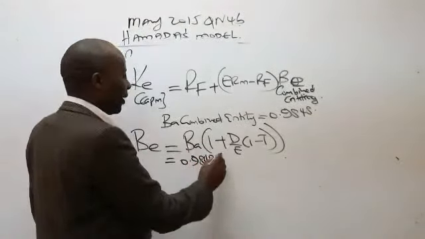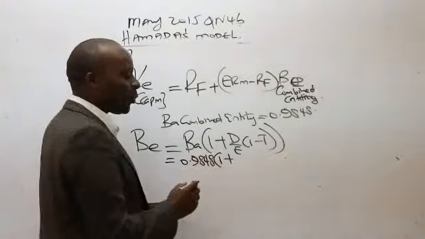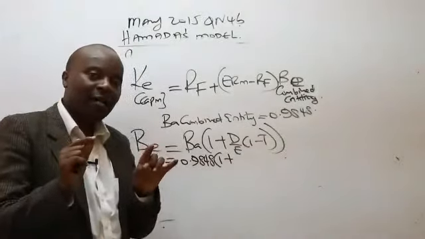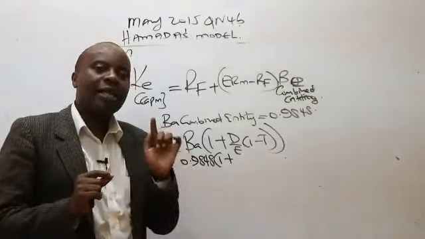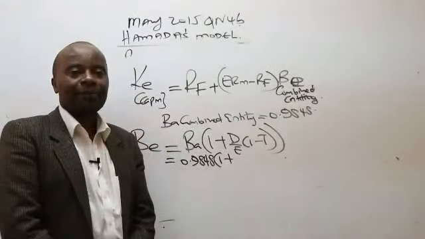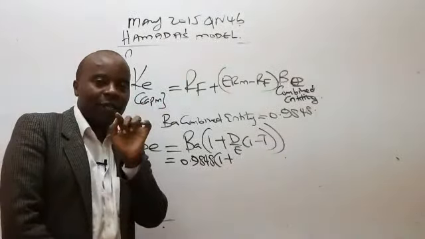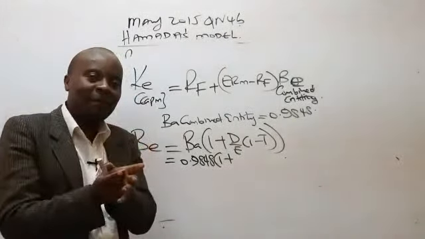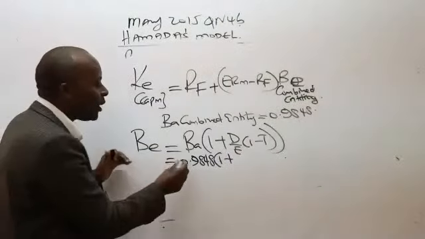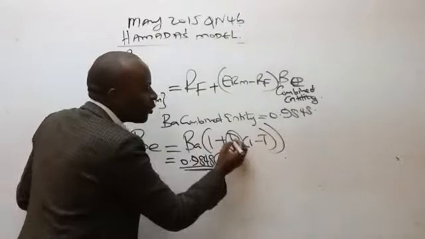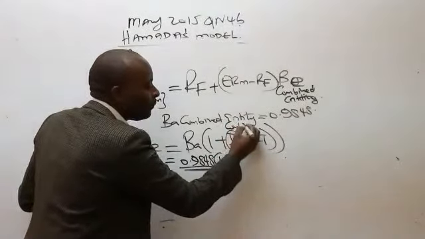0.9848 into 1 plus... the examiner was not very smart. What the examiner should have done was give you debt to equity for each individual company, and then give you the debt to equity for the combined firm. It is upon you to know that if you're using beta assets of the combined firm, then debt to equity has got to be debt to equity of the combined.